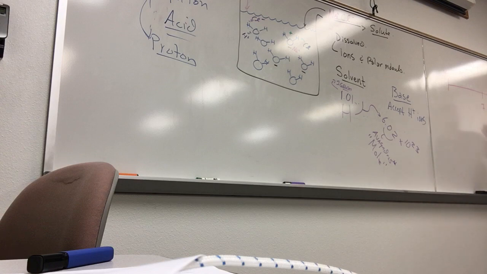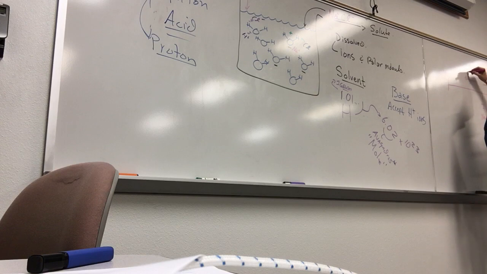And 7 is what we call neutral pH. Everything lower than 7 is going to be more acidic. And anything higher than 7 is going to be more basic or alkaline.